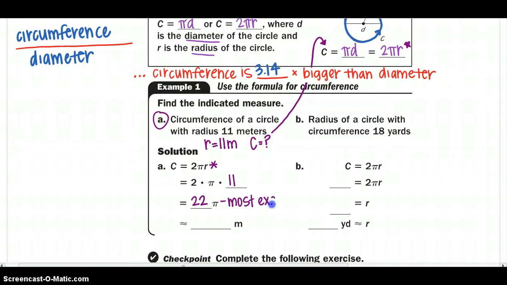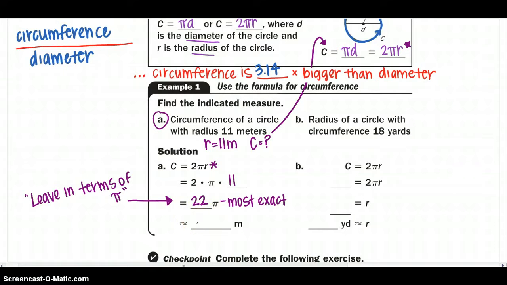So if it asks you to leave it in terms of pi, you need to make sure you can get to that part right there. And then of course we all love to plug it in our calculator.